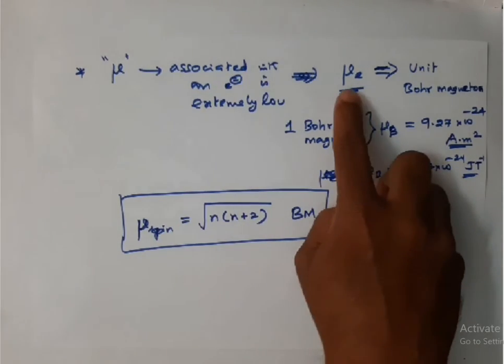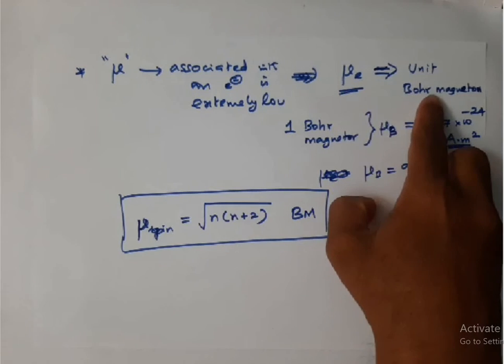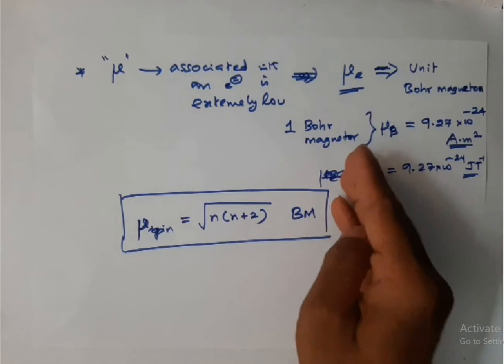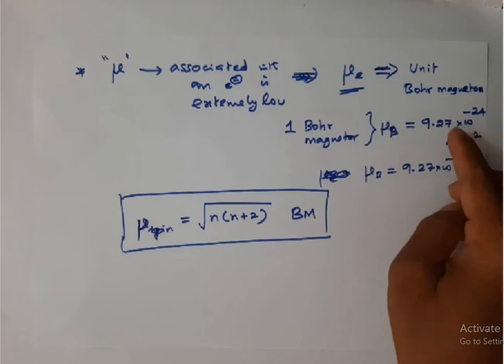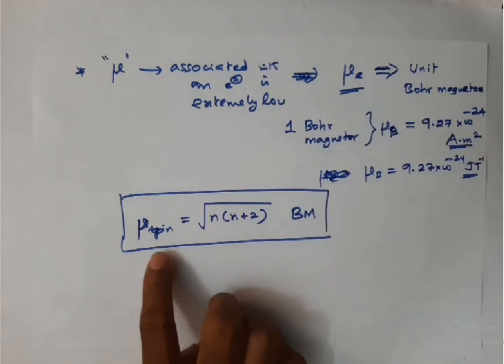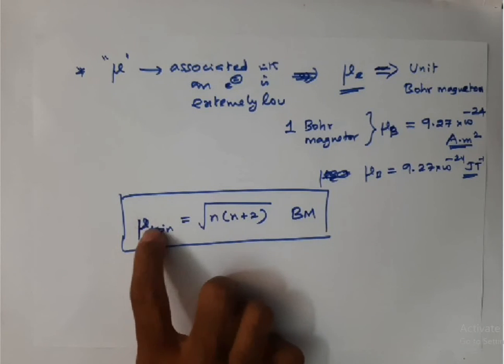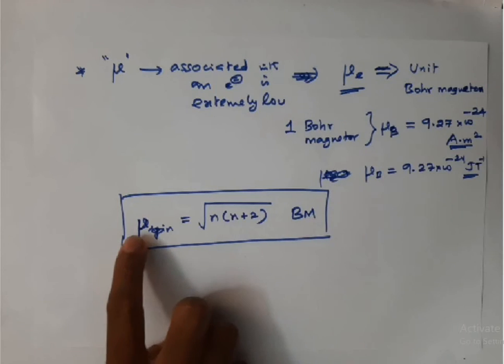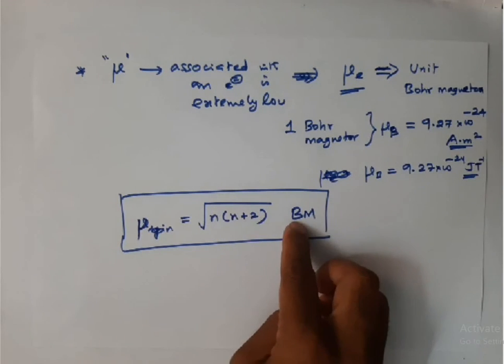Magnetic moment is expressed in the unit of Bohr magneton. What is one Bohr magneton? One Bohr magneton is 9.27 into 10 power minus 24, an extremely low quantity. So we express magnetic moment in the unit of Bohr magneton.